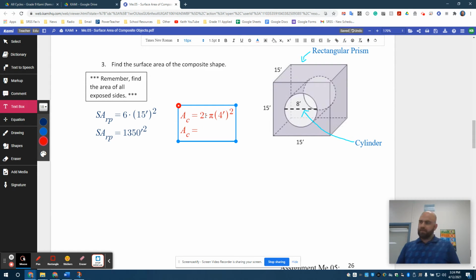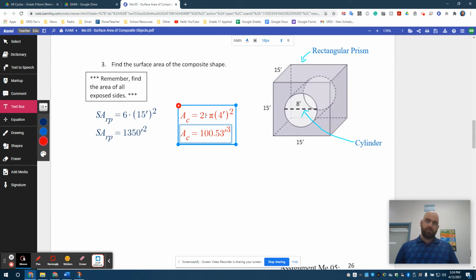So this is going to be 2 times pi times 4 squared, and this is going to be an area of 100.53 feet squared. And so that's the area of the circles.